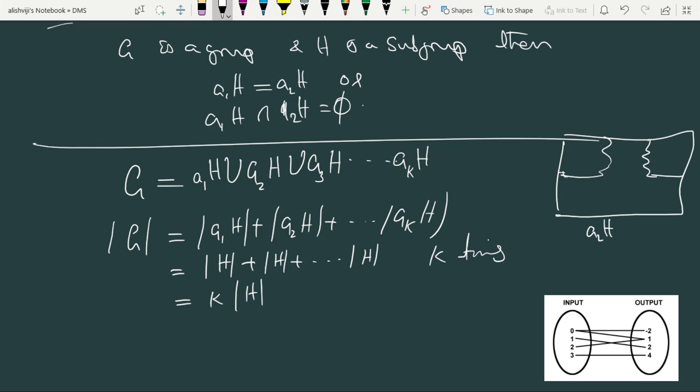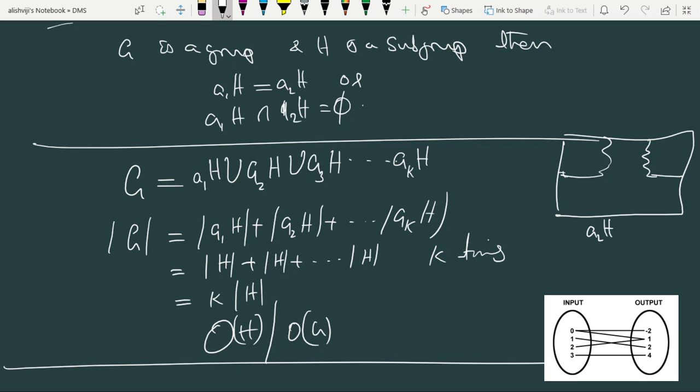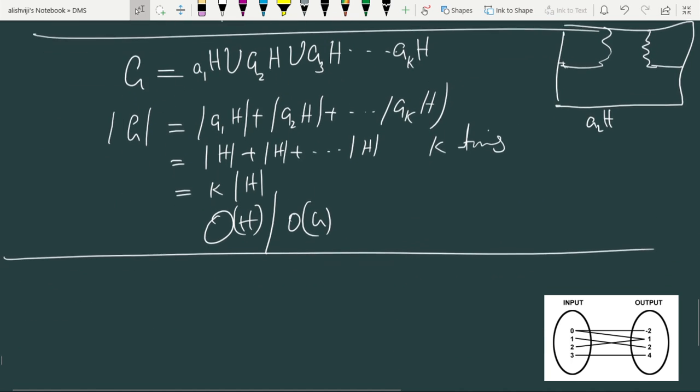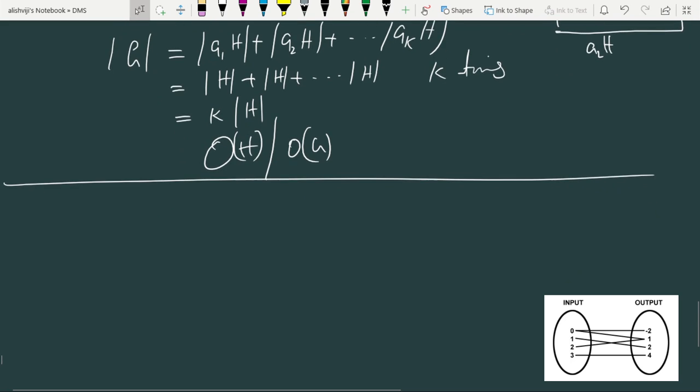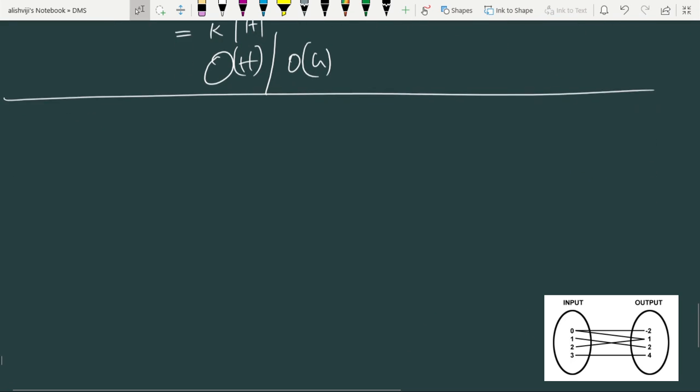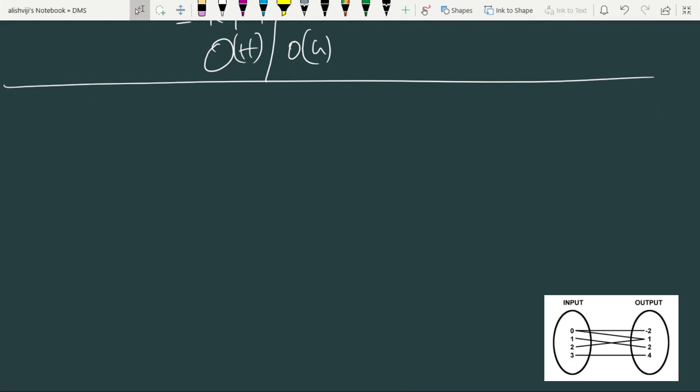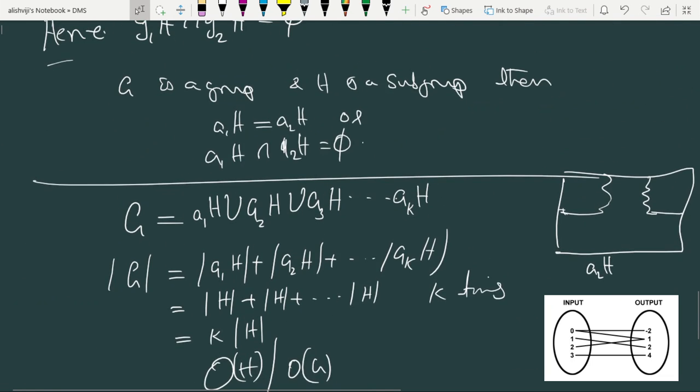So obviously the order of G divided by the order of H is equal to k, an integer, and that means the order of H divides the order of G. So that's our Lagrange's theorem, and so the order of any subgroup divides the order of our group G. So that's the proof of Lagrange's theorem.